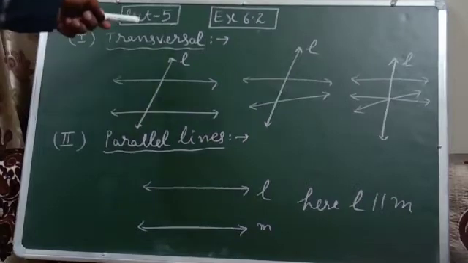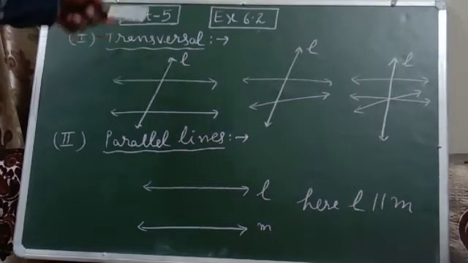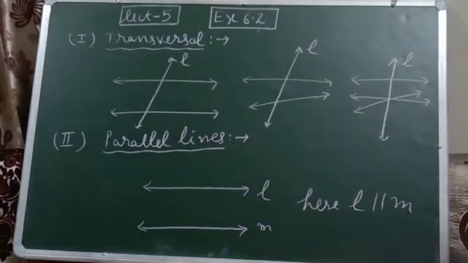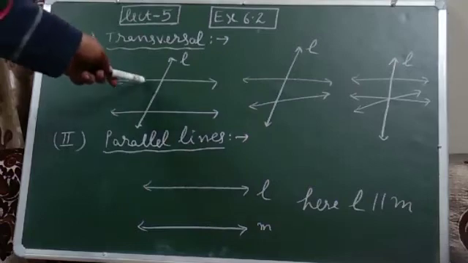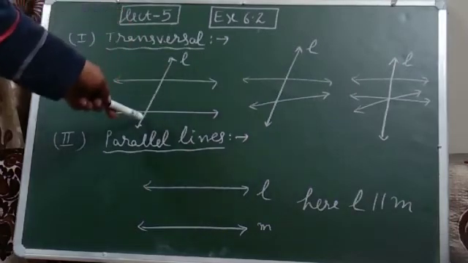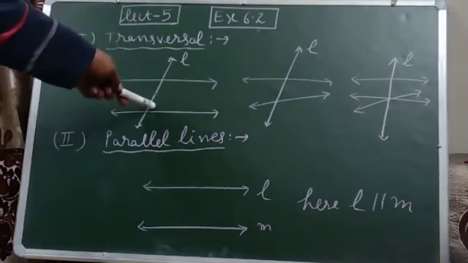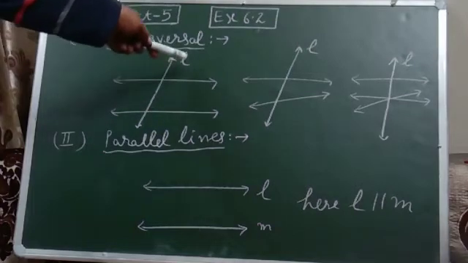First point, transversal. This word should be clear to you. A transversal is a line which intersects different lines at different points. For example, we have two lines. Now this line intersects these two lines at two different points, which means this is a transversal.